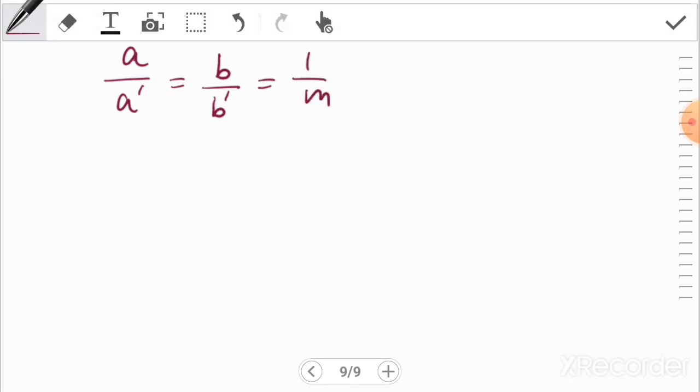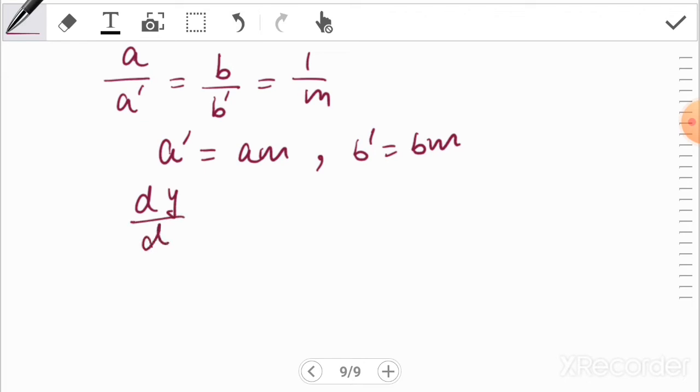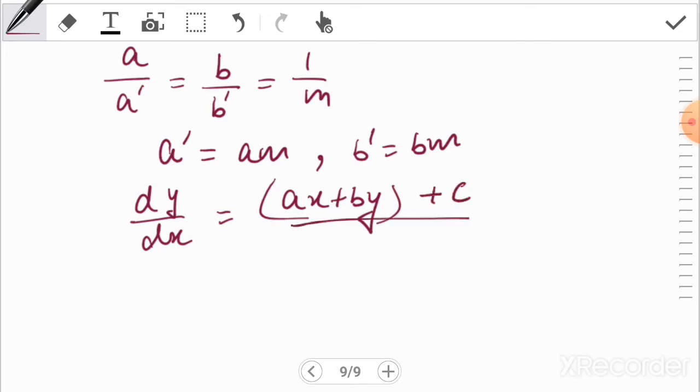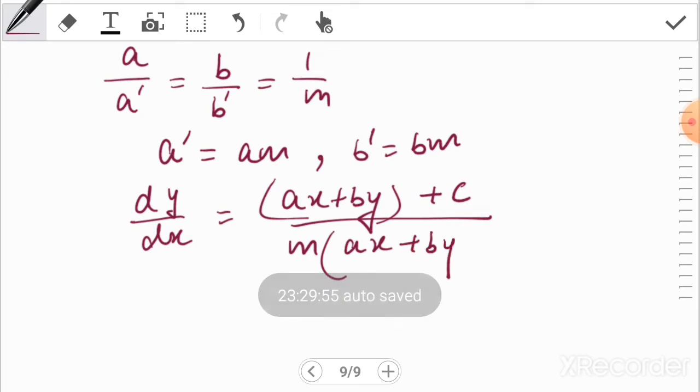Now a dash is equal to am and b dash is equal to bm. Now put the values: dy by dx is equal to ax plus by plus c by m times ax plus by plus c dash.